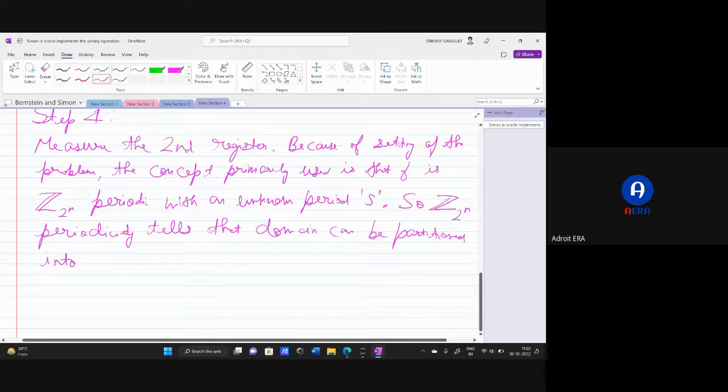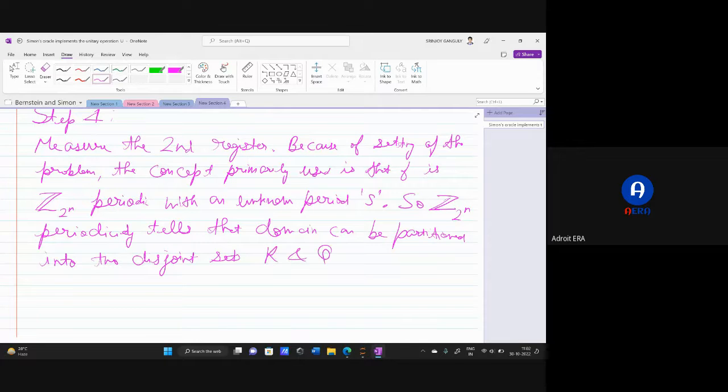That domain can be partitioned into two disjoint sets, R and Q.